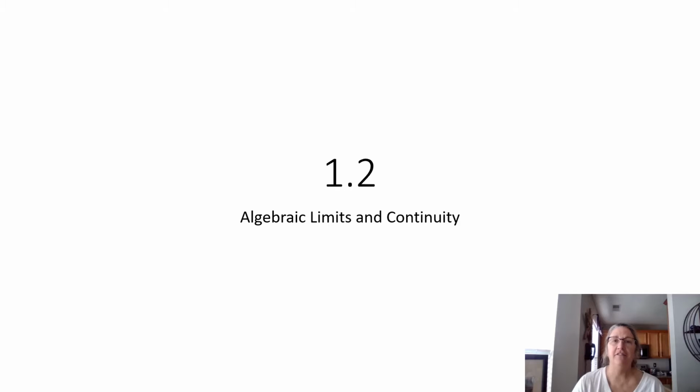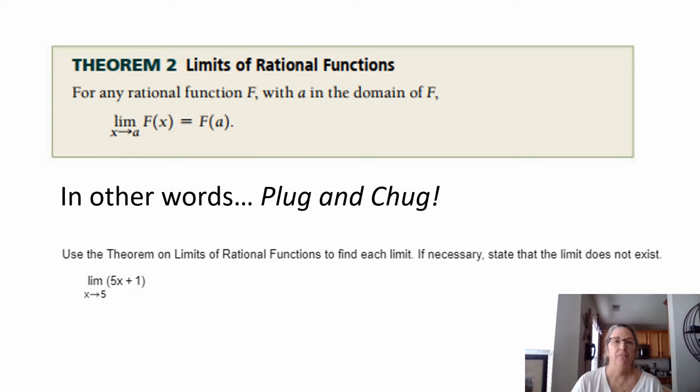We're looking at section 1.2, algebraic limits and continuity. Straight out of the book, it tells us that theorem 2 is limits of rational functions.